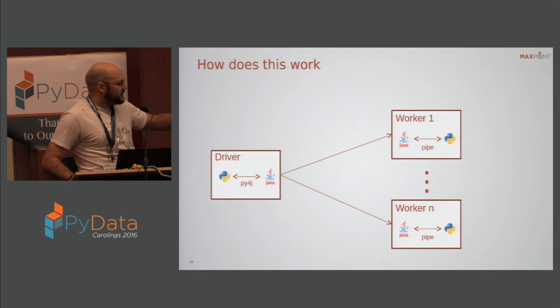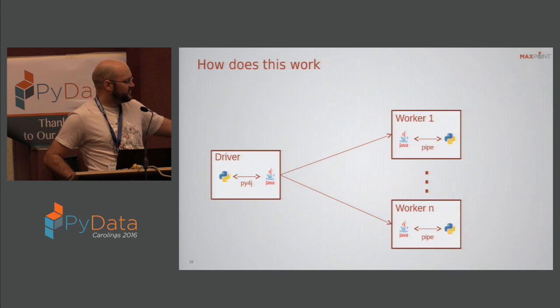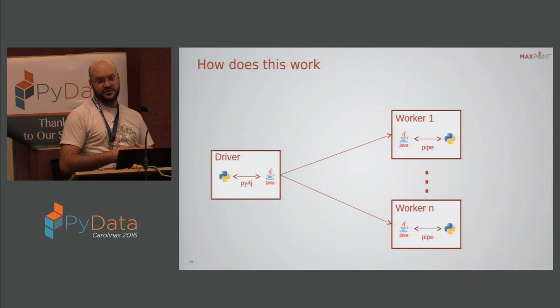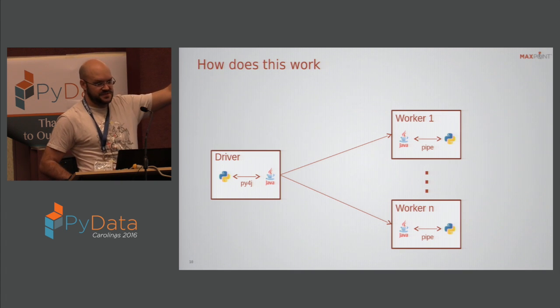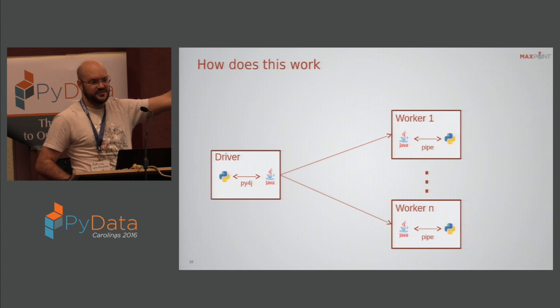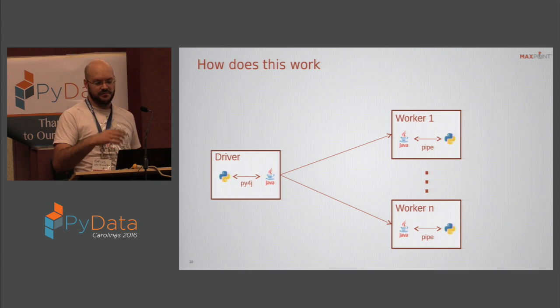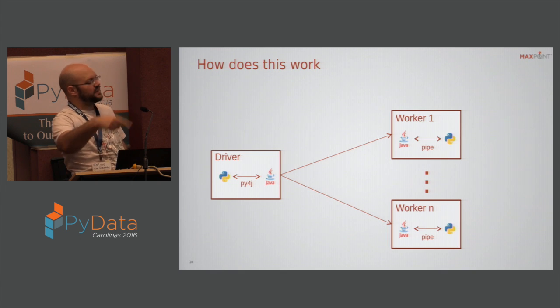But what goes on when Spark does this stuff? So you make a Python process, and this Python process says, okay, I need to go talk to Apache Spark. It'll make a child Java process, and it'll spin up some other Java process, possibly on a different machine, probably on a different machine, and it'll talk to it via standard out. And the Python process actually talks back to the Java process via socket.